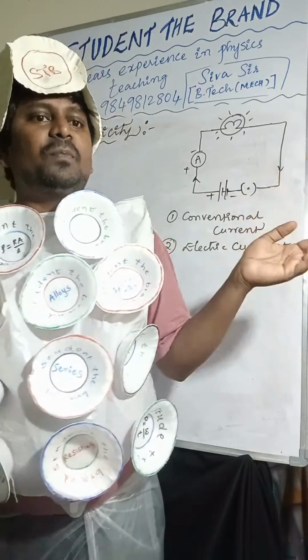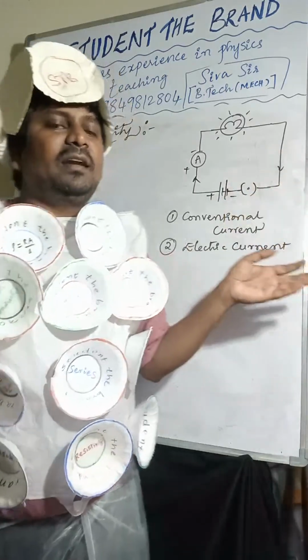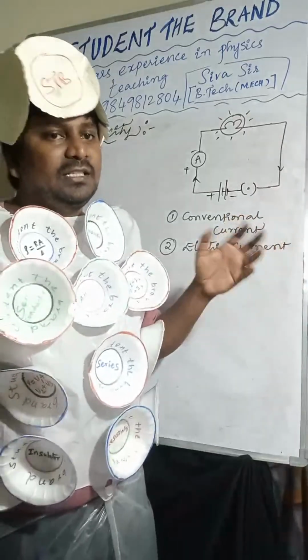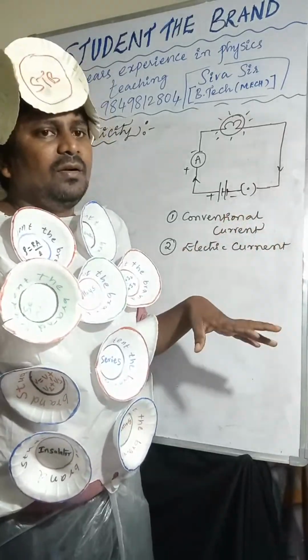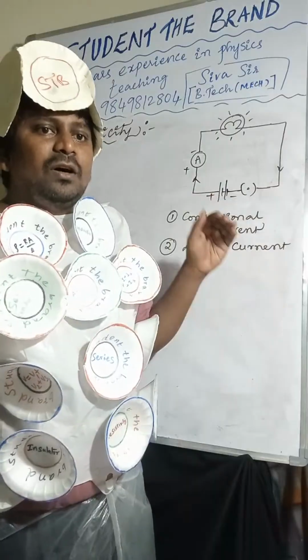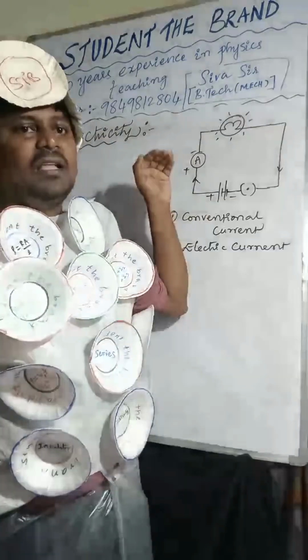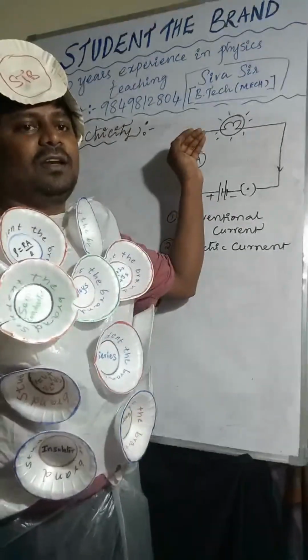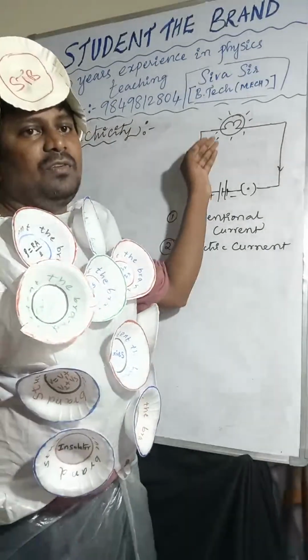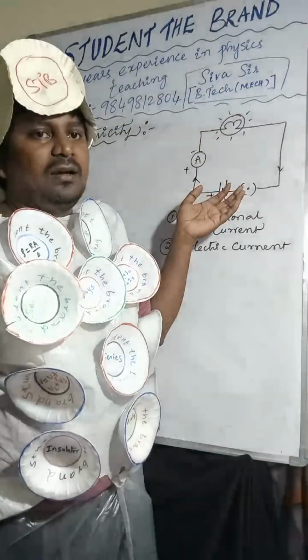The direction of flow of positive charges is called current, and that is the direction of the current.